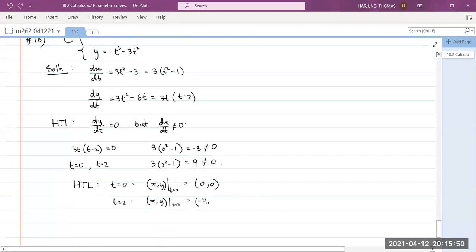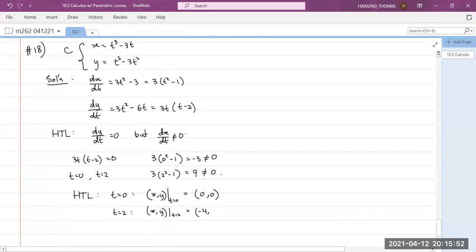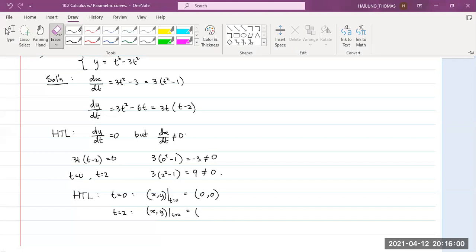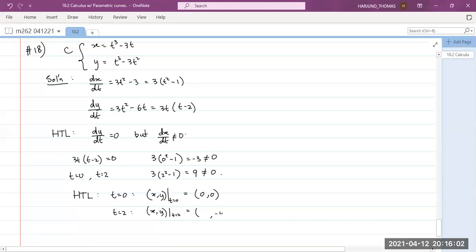Oh, no, that's the y. I looked at the wrong one. When t equals 2 for the x, that will be 8 minus 6, that's 2. That's the horizontal tangent line.